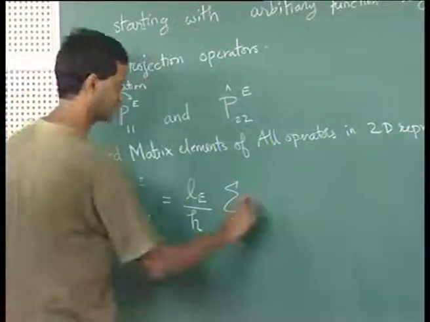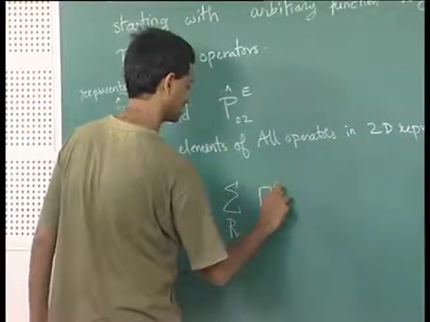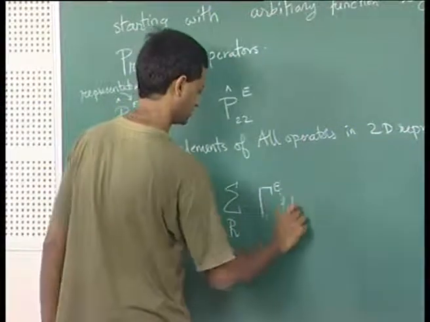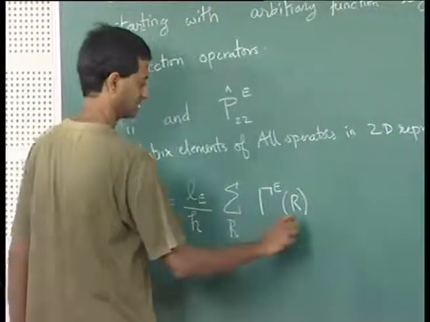Then you look at the matrix element in this representation of R, and you look at the ijth element.